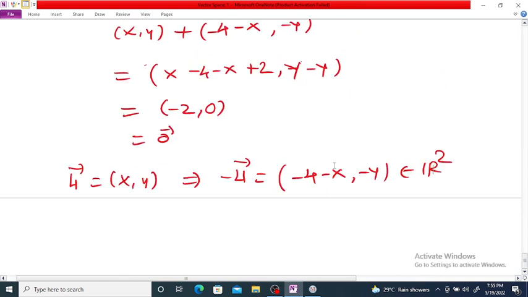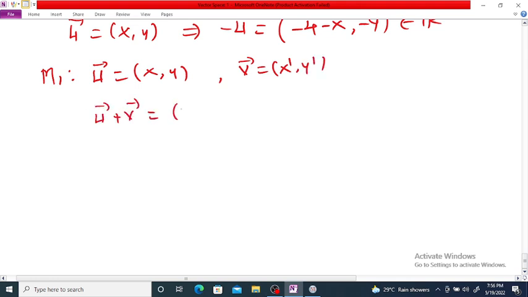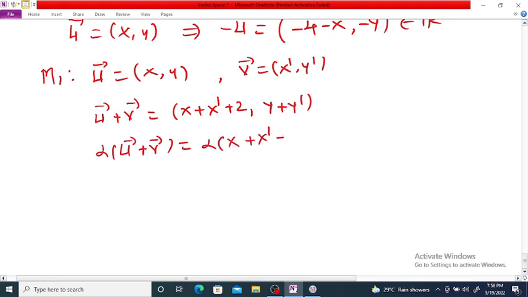Now we are going to check whether M1 holds. For M1, take u bar equal to xy and v bar equal to x dash y dash. Then u bar plus v bar is equal to x plus x dash plus 2 and y plus y dash, and alpha times u bar plus v bar is alpha times x plus x dash plus 2, y plus y dash.